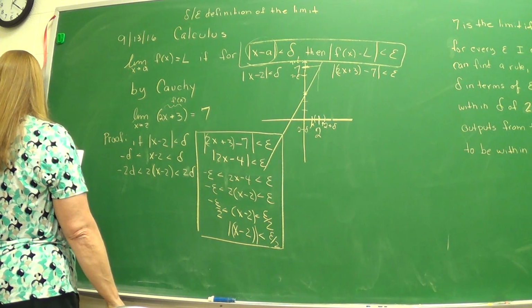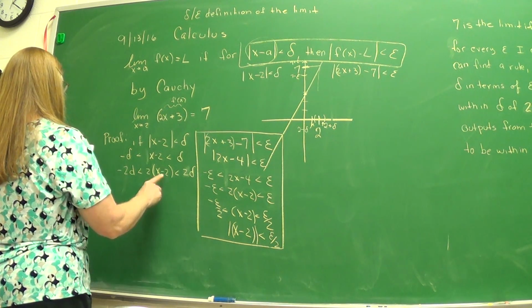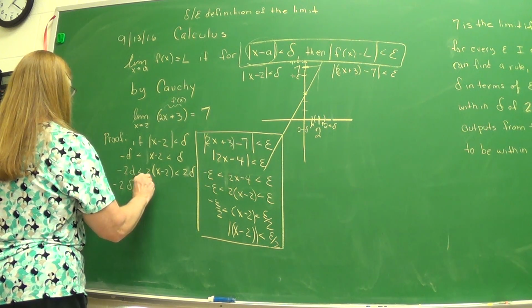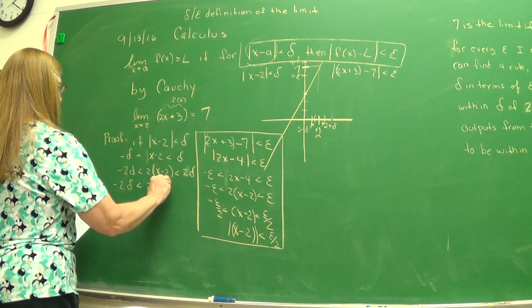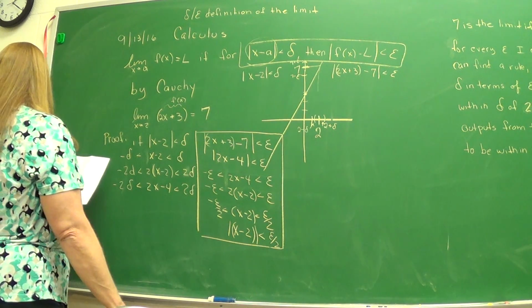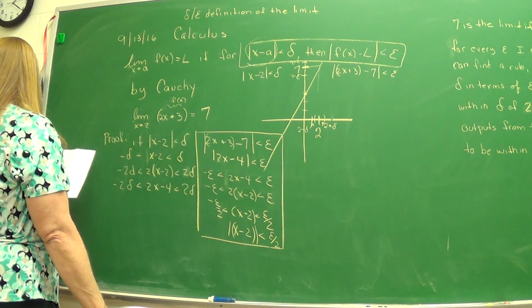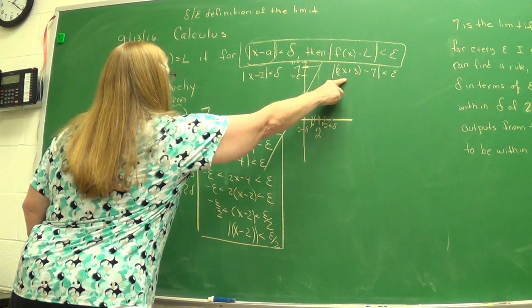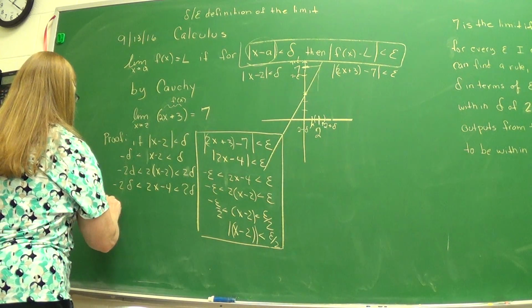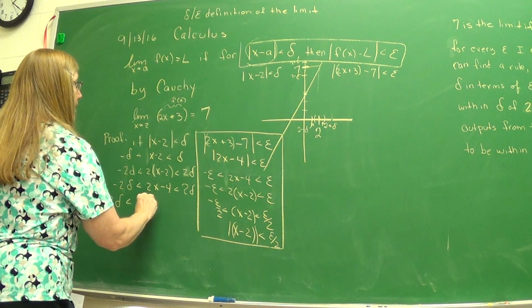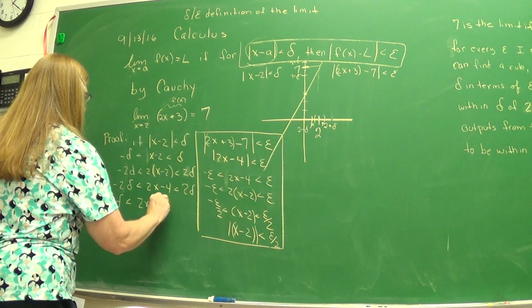And then I'm going to distribute the 2 in the middle. And now I'm going to rewrite the minus 4 like I see here. Instead of that, I'm going to call it plus 3 minus 7.